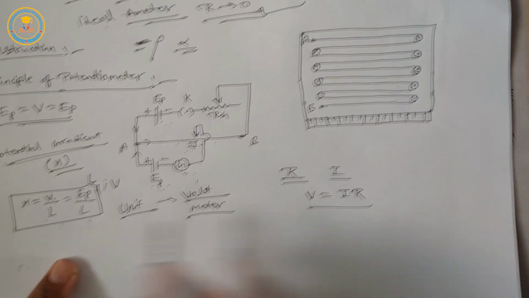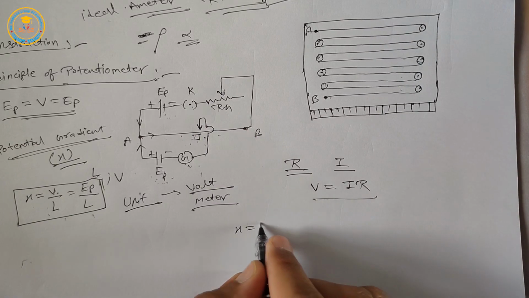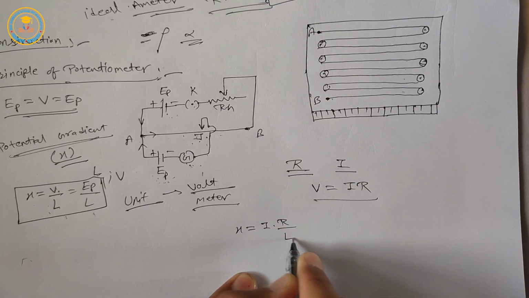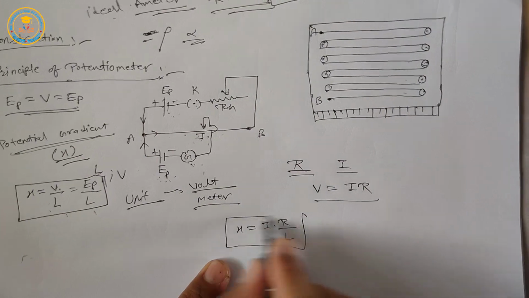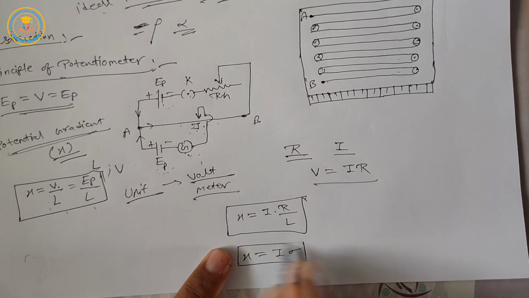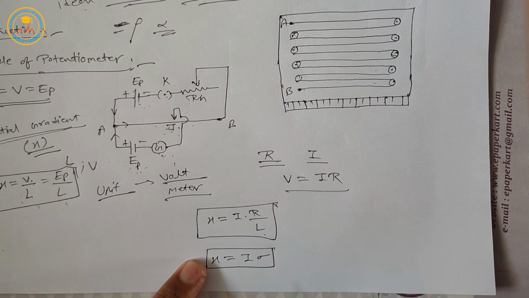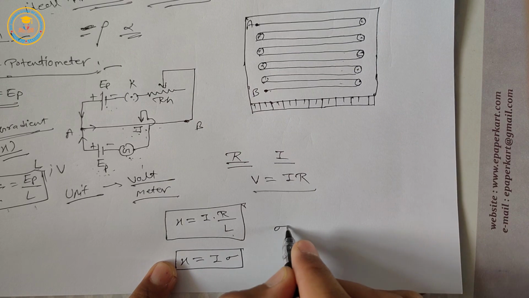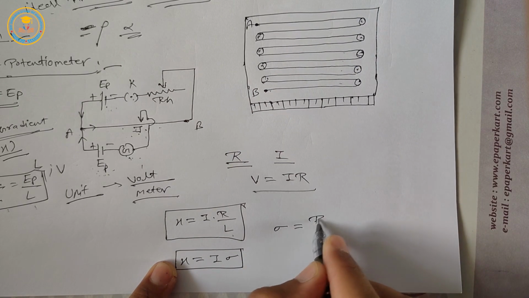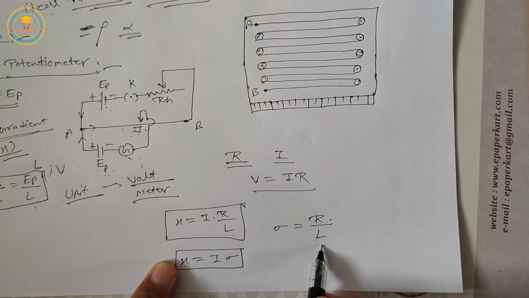Put the value of V in this equation, then we get x is equal to I into R upon L, or we can write x is equal to I into sigma. Here sigma is replaced by R upon L. So sigma is equal to capital R upon L. Capital R is the total resistance of the wire and capital L is the total length of the wire.